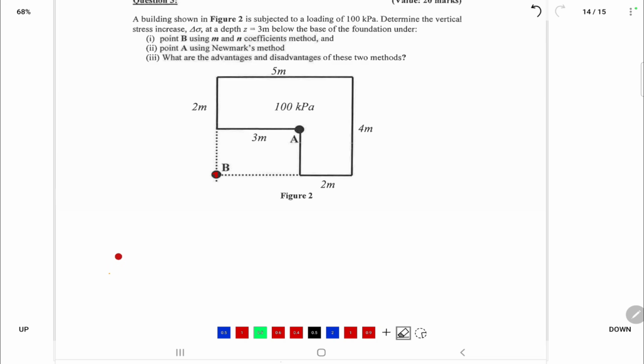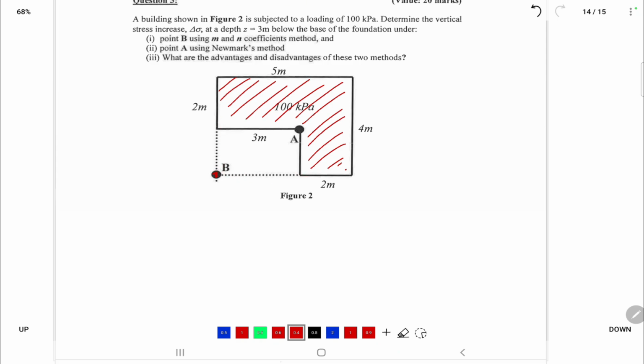So for this case, I have two rectangles. Here is the foundation or footing, and he asks to compute the increase in vertical stress under point B. Point B is outside the foundation area, so I'll complete the rectangle.